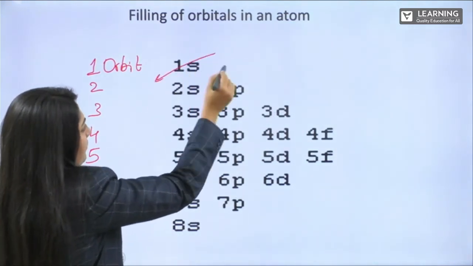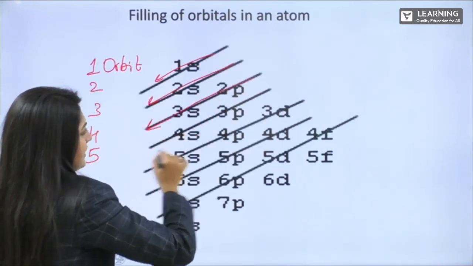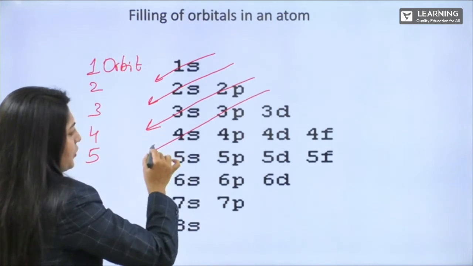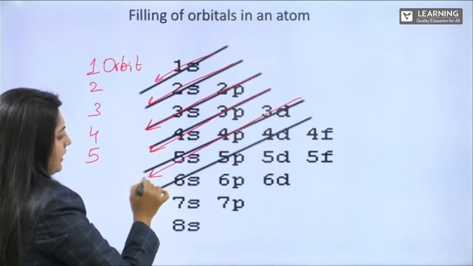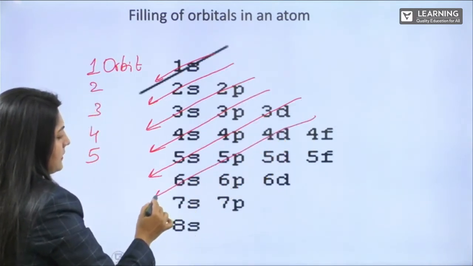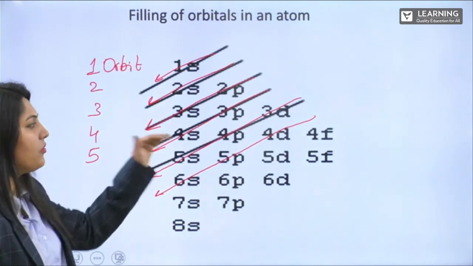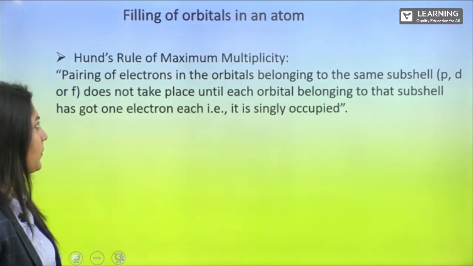First 1s will come, then 2s, then 2p, 3s, then 3p, 4s, then 3d, 4p, 5s. Then we get 4d, 5p, 6s. So this is the way we distribute the energy levels.